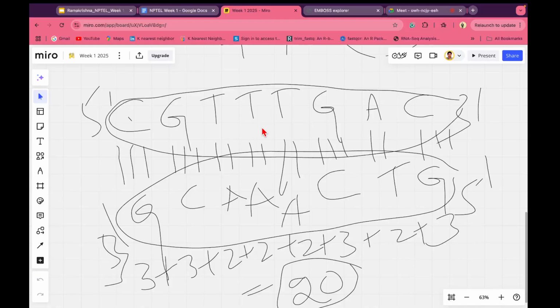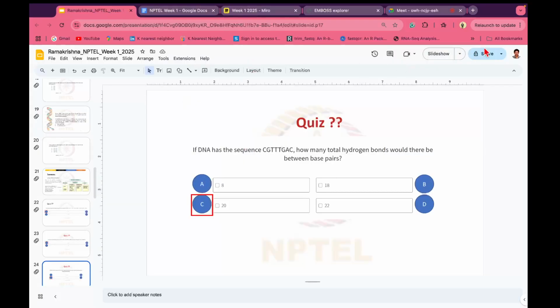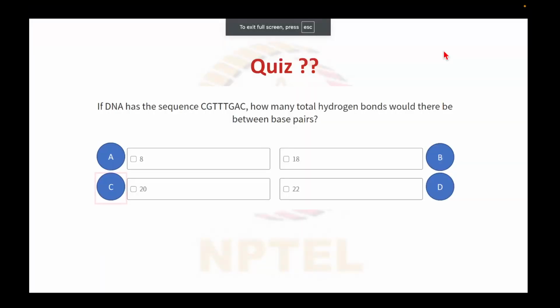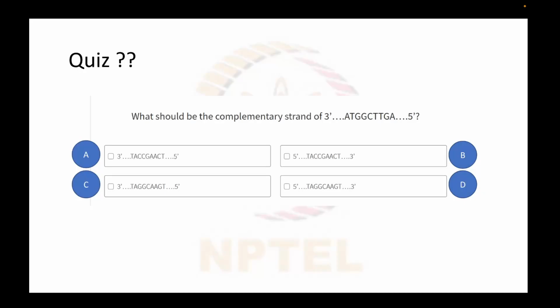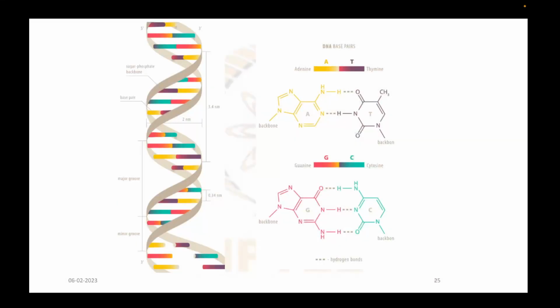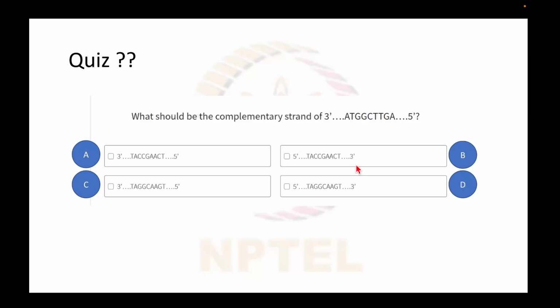Further, I have some more questions. Base pairing has been solved. So given a DNA sequence from 3' to 5', what will be the complementary strand for it? So remember, the complementary base pairing is A pairs with T and G pairs with C, and try to answer this question.